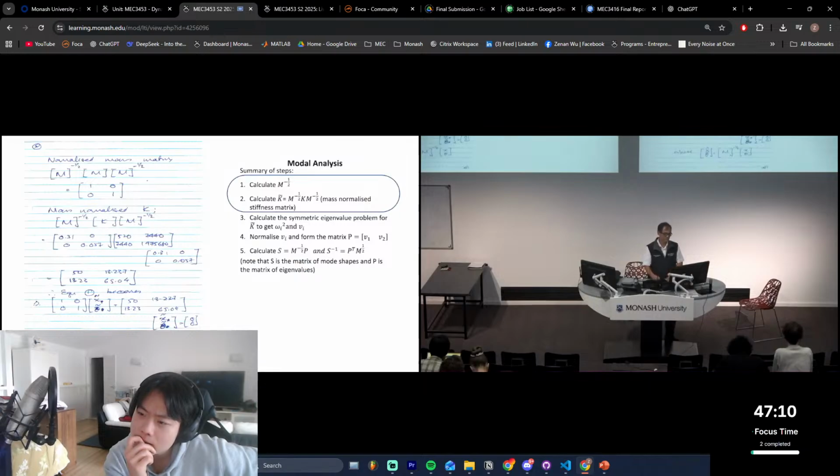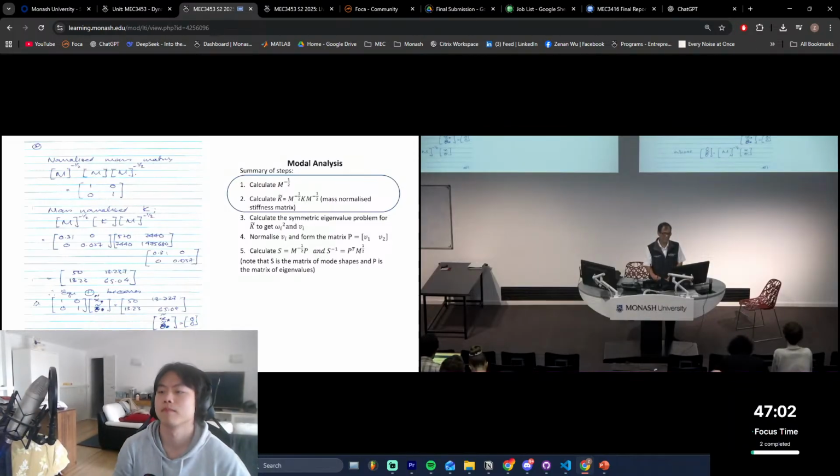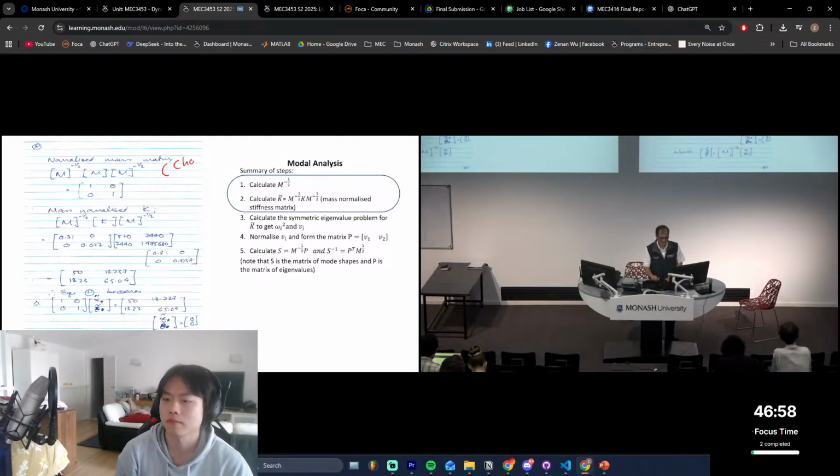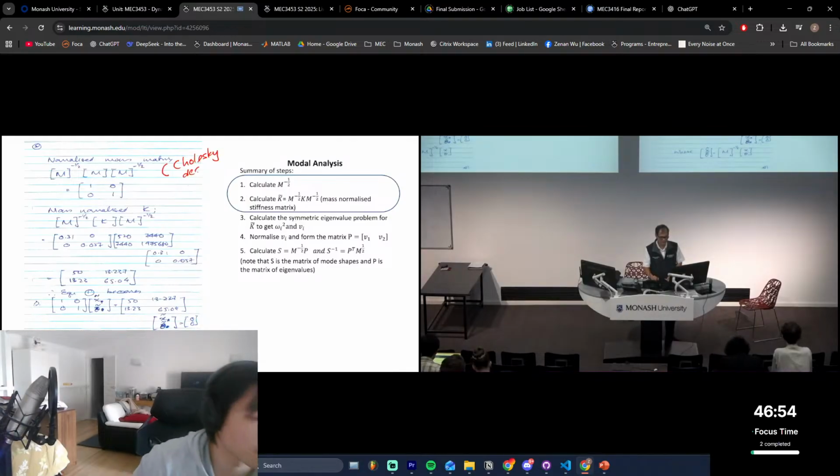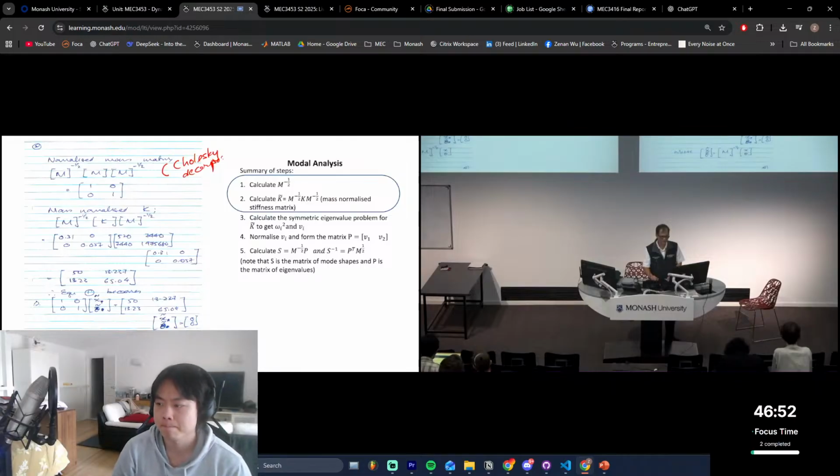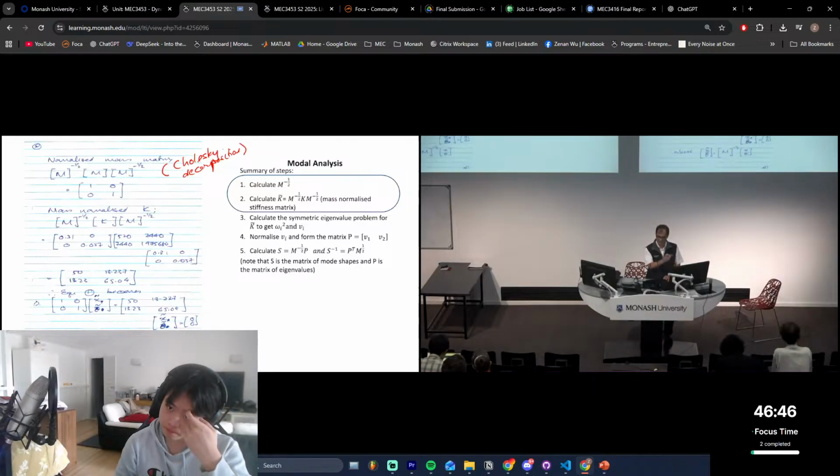Then I do the mass normalization by pre and post multiplying the mass matrix by the inverse square root. And like I said, this is because of the use of this Cholesky decomposition. Very useful, in which case, when you get your eigenvectors, it will be orthogonal.